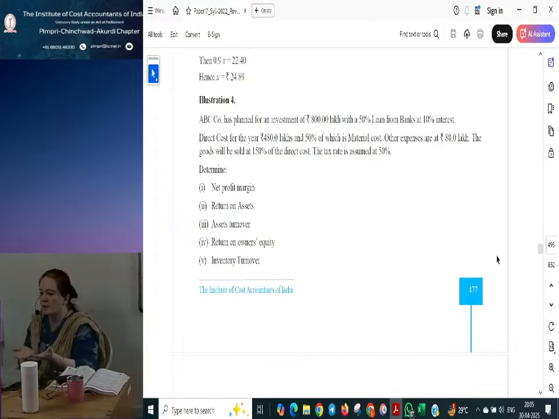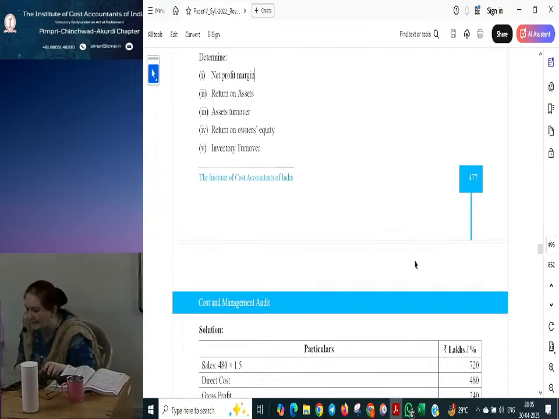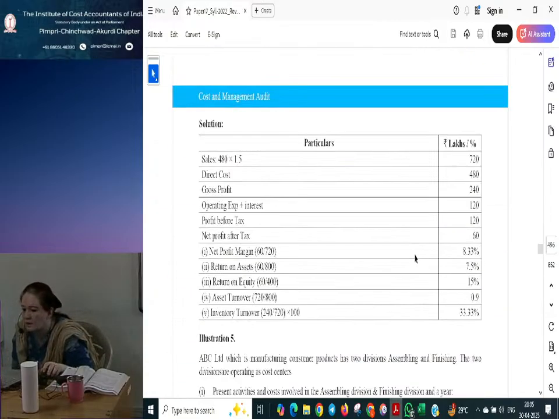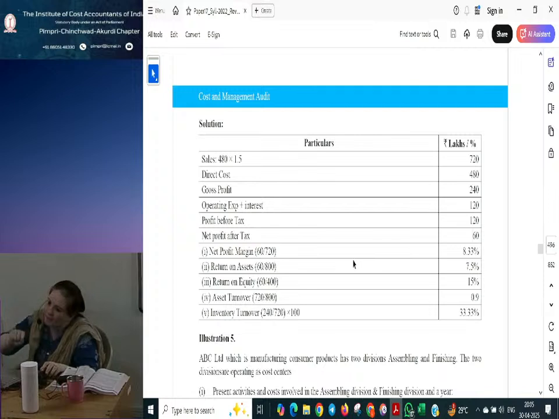So your total assets is the same as your total liabilities, which is 800 lakhs. So return on assets is return on 800 lakhs. Once again it's 60 by 800. Return on equity is 60 by 400.